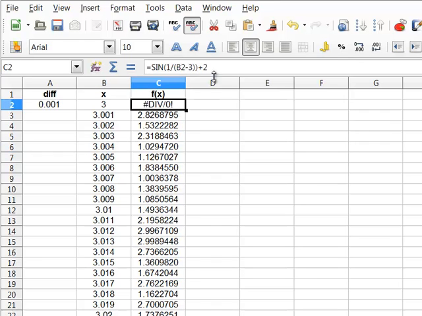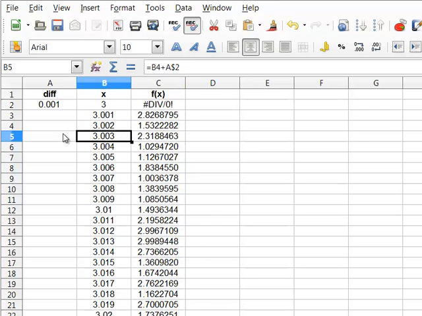Over here is the function. So this is the sine of 1 over x minus 3 plus 2. And the x is, in this case, B2, the number directly to the left. That's a relative reference, okay? Notice these are all the same, except the only change is in the B reference there. B5 is this number right here, which is directly to the left, okay?